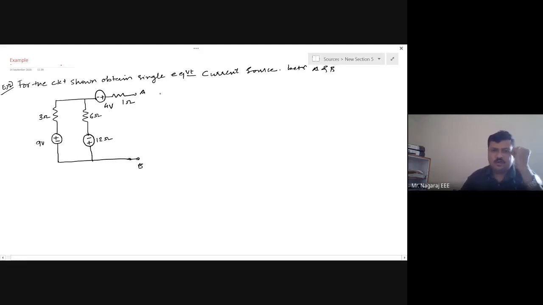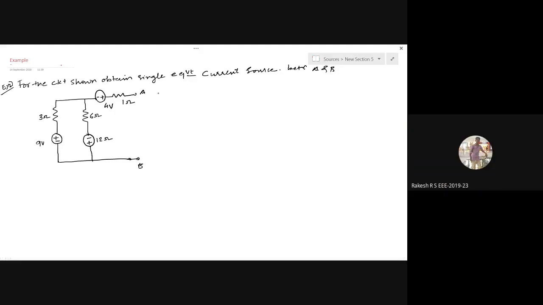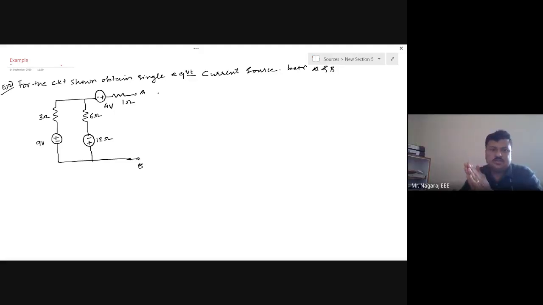Now, do you find any redundant elements in the circuit? No, sir. There are no redundant elements, because it is valid only if there is a resistance in series with a current source. Here there are 3 resistances and 3 voltage sources, and all those 3 resistors are in series with the voltage sources. So there are no redundant elements, and we need not worry about that part. Now I have to directly jump into the circuit reduction technique.